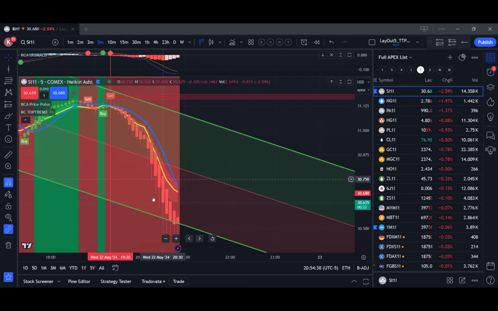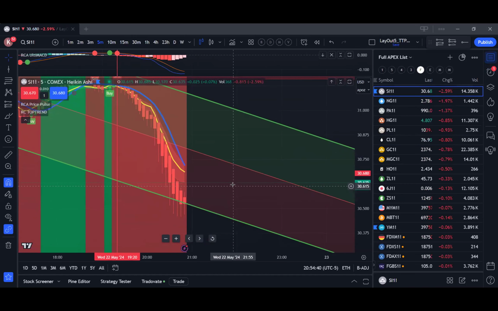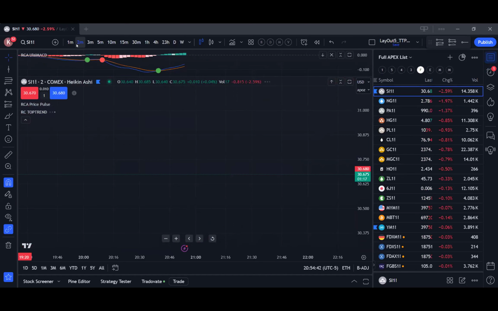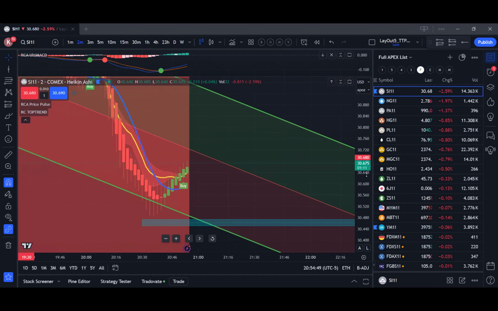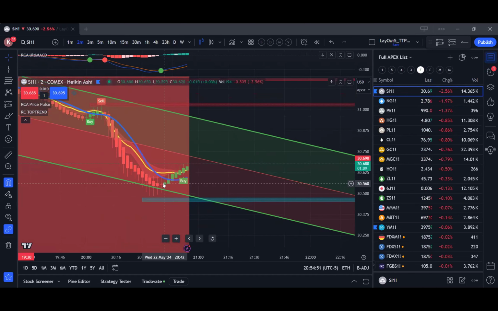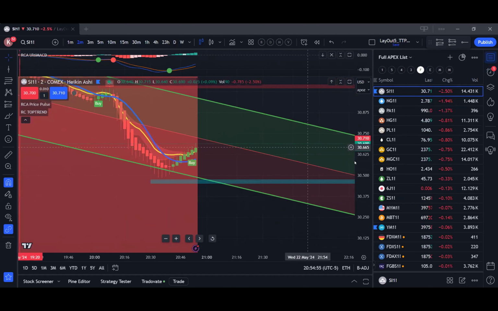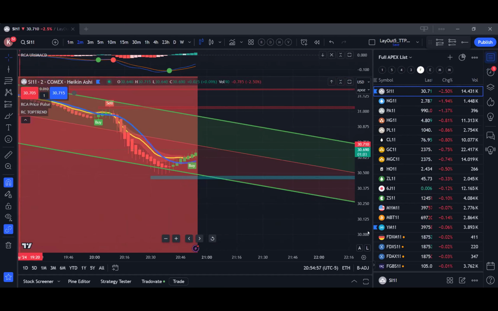So yeah, you can see silver is going up now. You may see it in 2 minutes. We got a buy. So whenever we see a sell again, then we can enter a short.